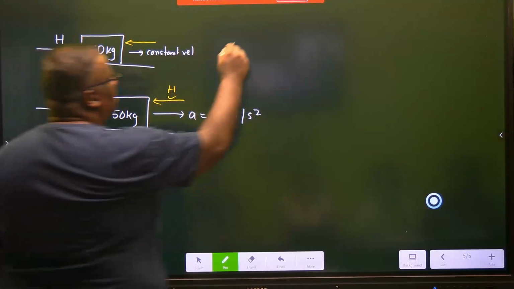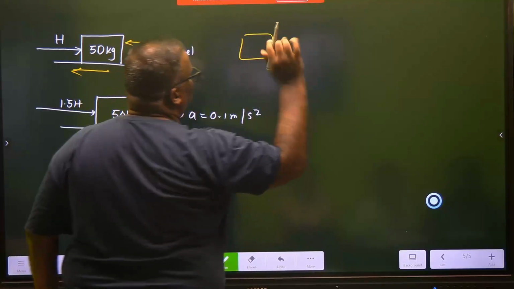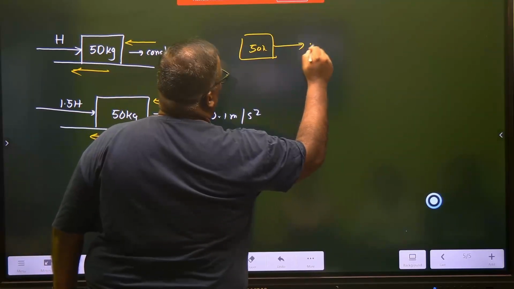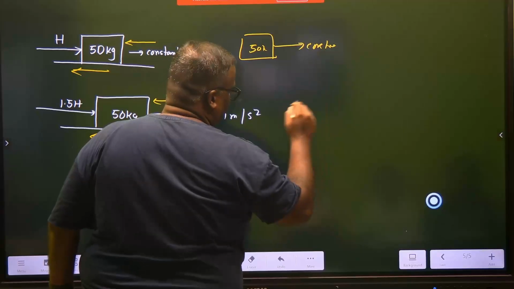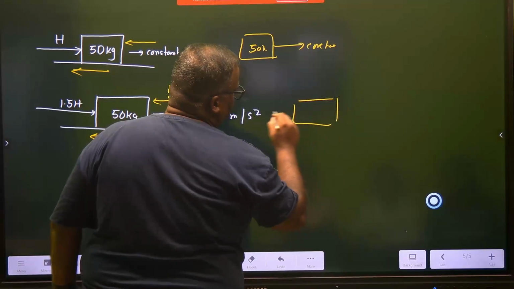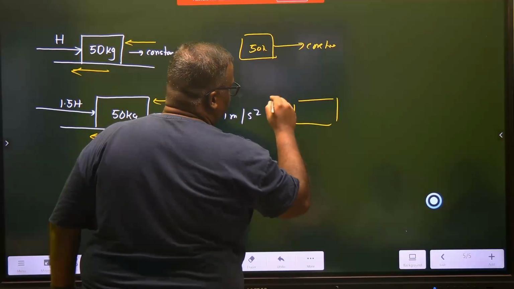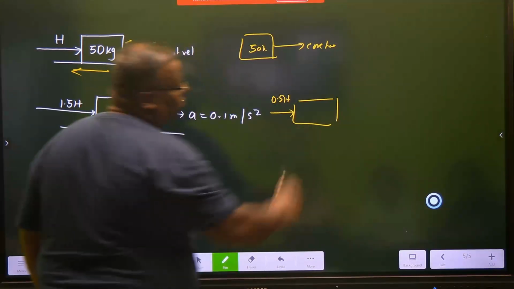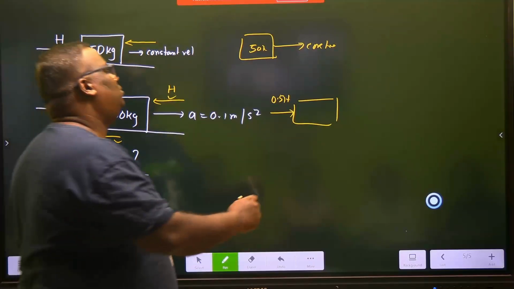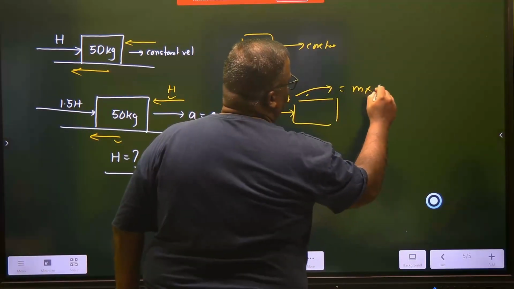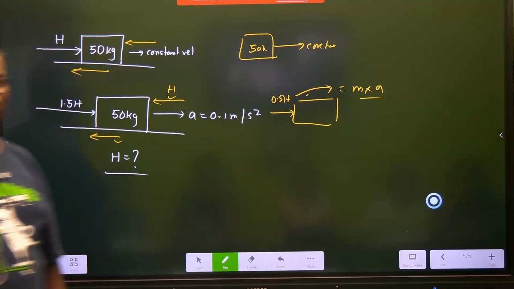This is the same as a body with no force moving with constant velocity. In the second scenario, the body is now with 1.5 H, so 0.5 H is the net force acting on it. And now we will put in our application. This is equal to mass into acceleration, and we can calculate the value of H.